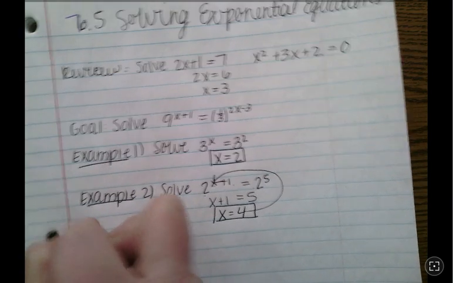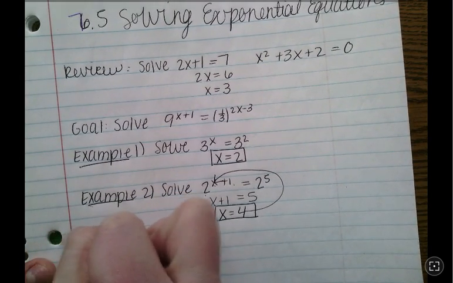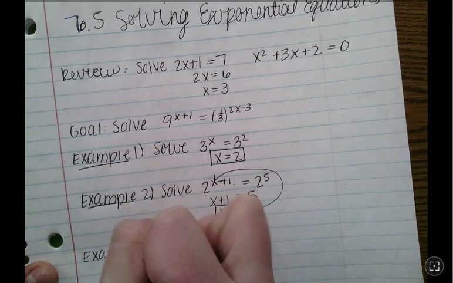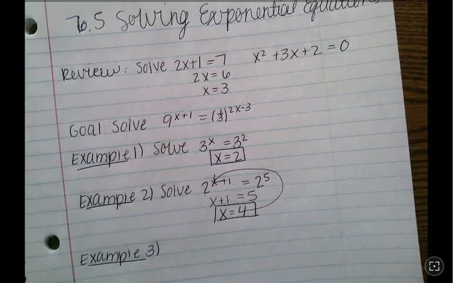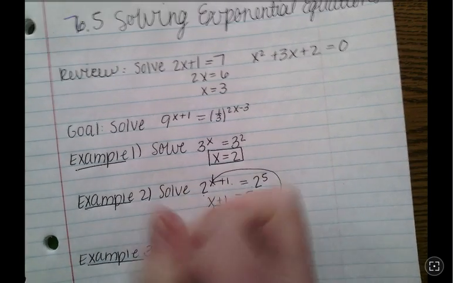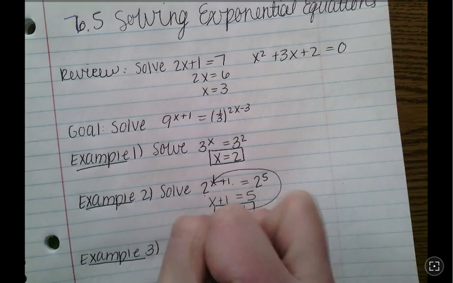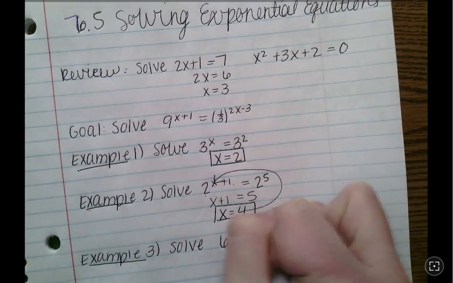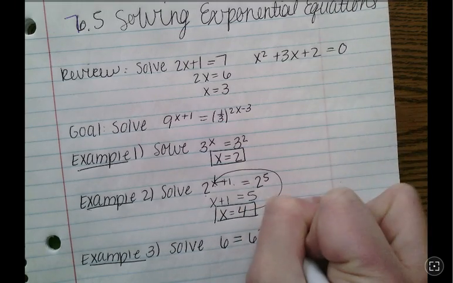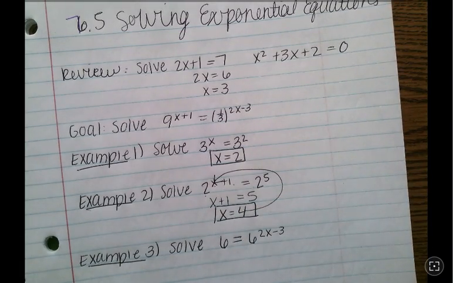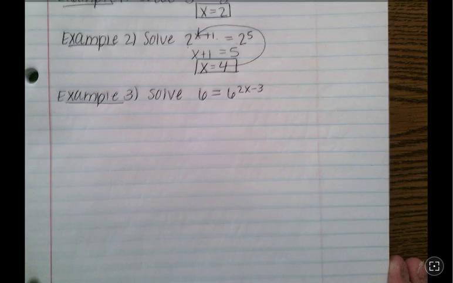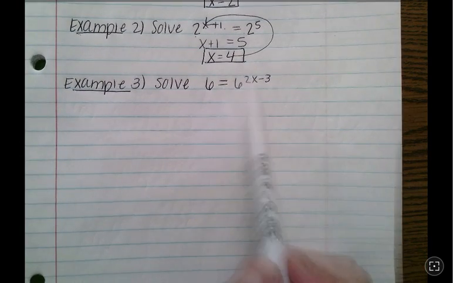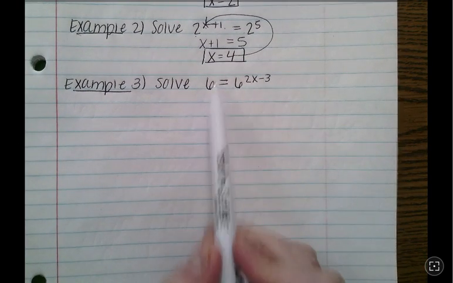Okay, let's go a little bit further here. Example 3. What if we wanted to solve something like 6 = 6 to the power 2x − 3? And you're like, well, I understand that it's exponential because there's an exponent out here, but this is not an exponential.